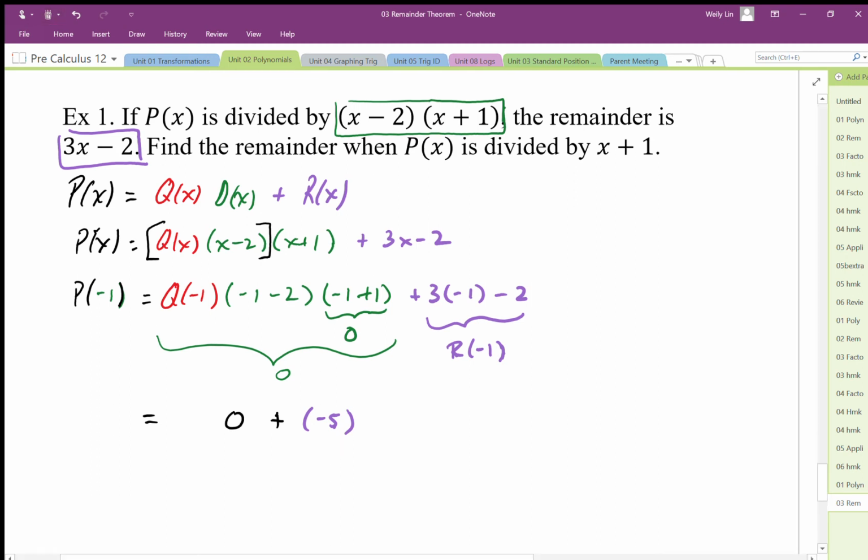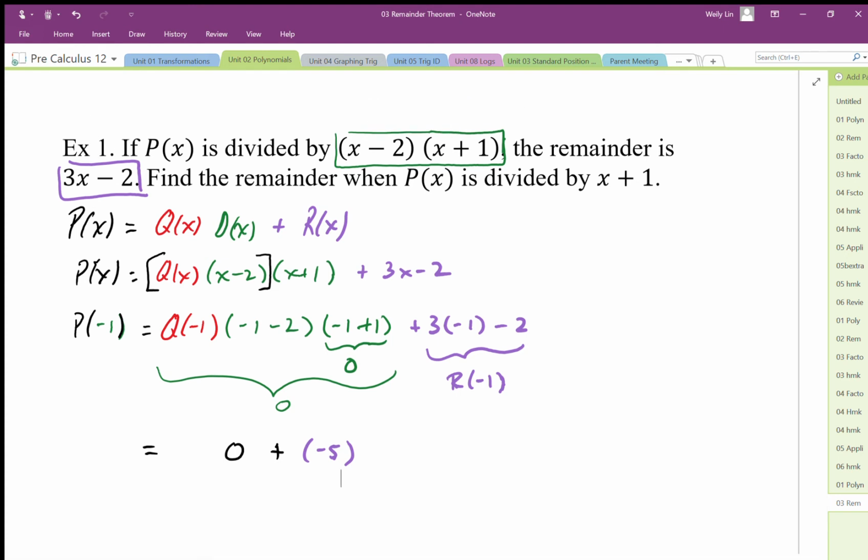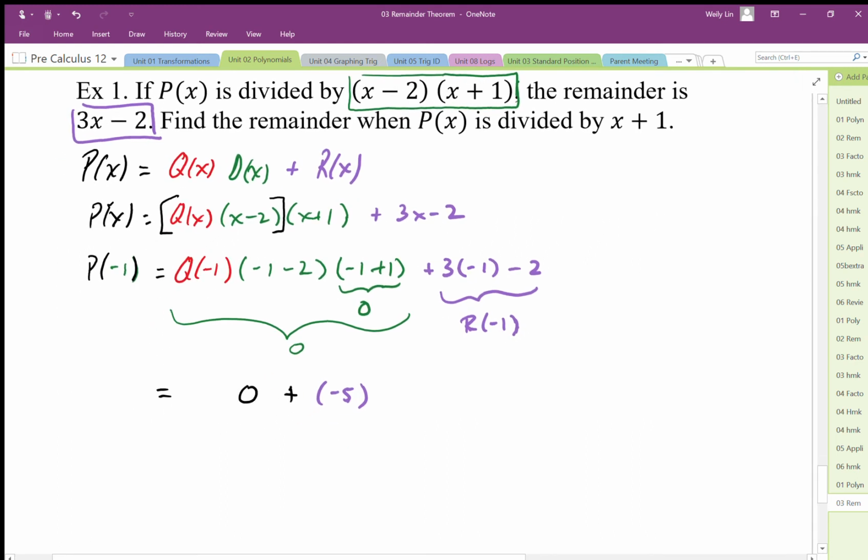Now there's an alternative way we can look at this problem. If I divide a number and I have a remainder, I can divide by one of the factors and get the remainder of that, because what I do know, again, and I'm going to write this out, is that p of x is equal to my q of x times d of x plus my r of x.